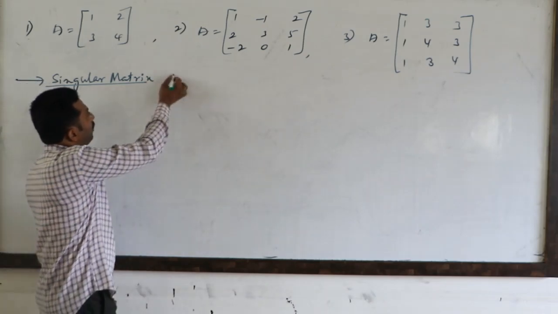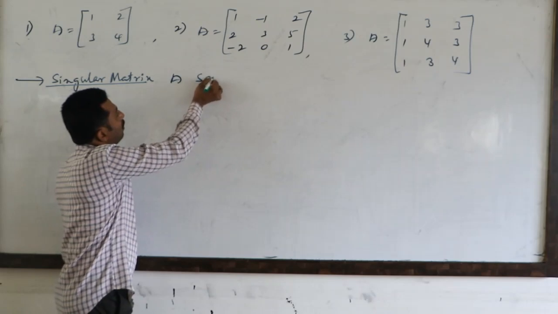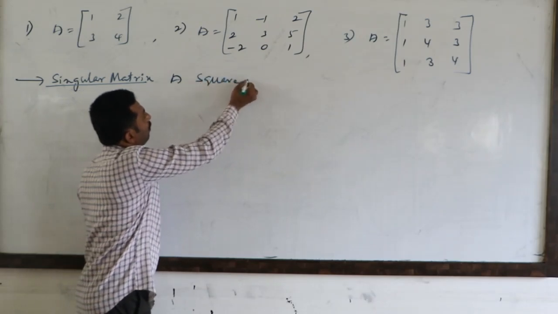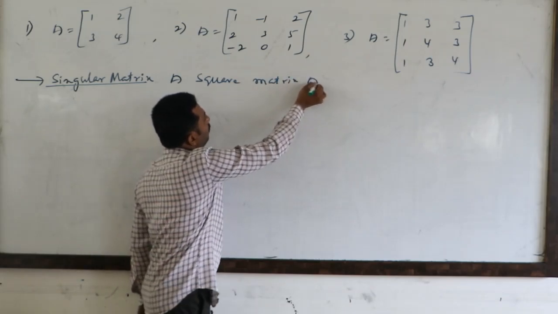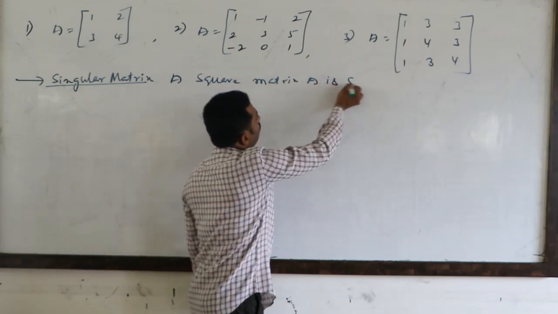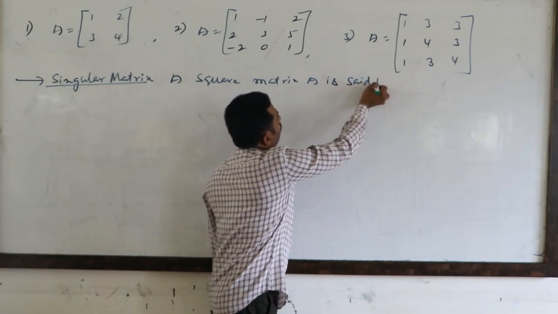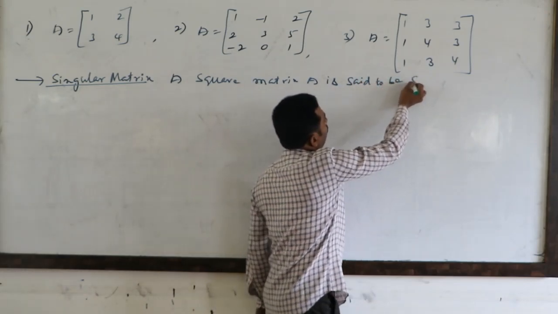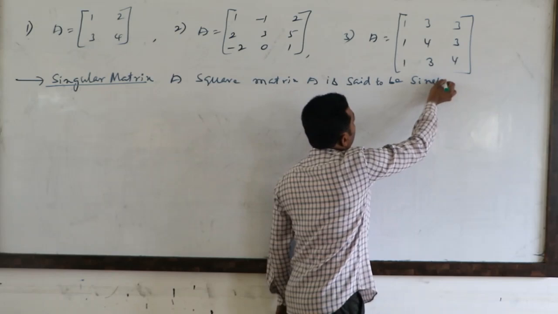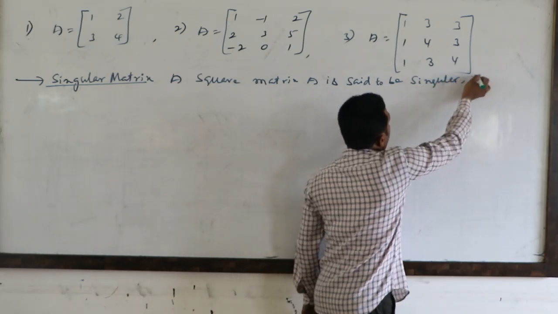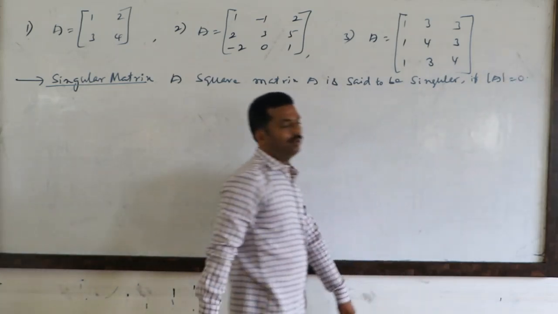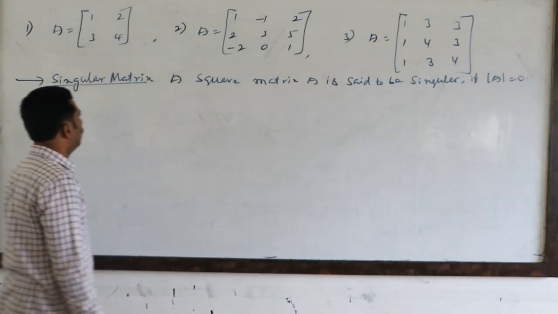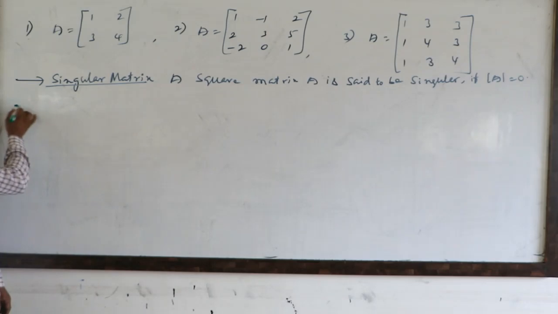A square matrix capital A is said to be singular if determinant of A equal to 0.